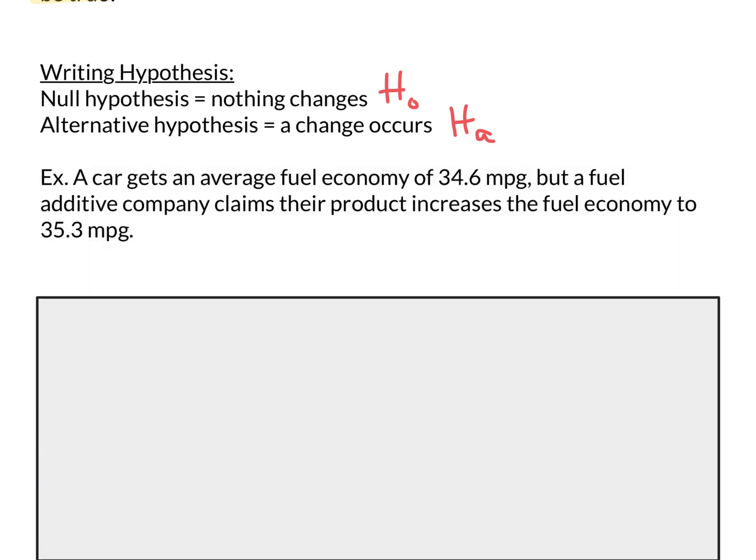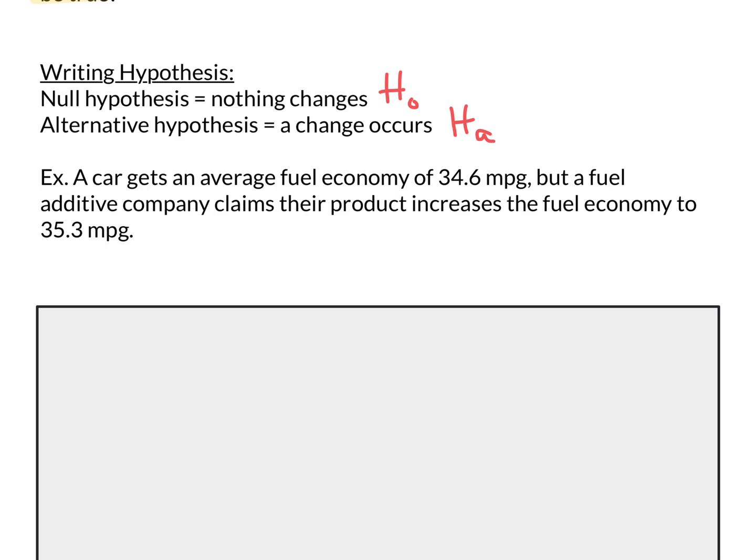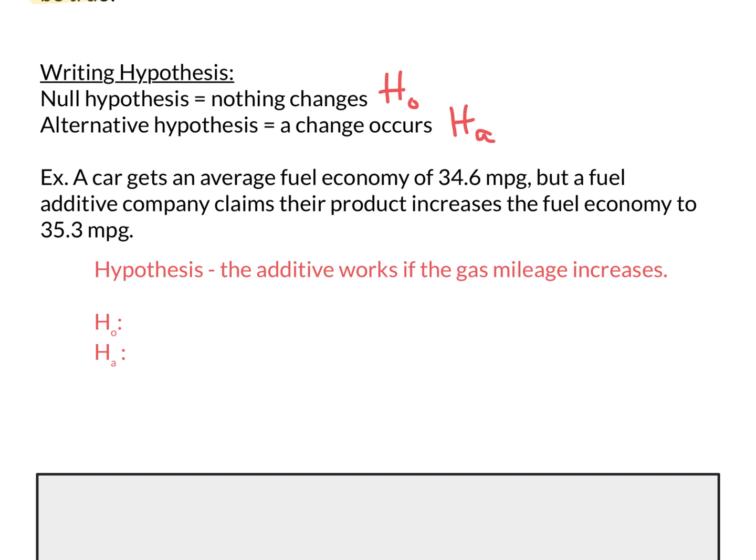Okay, so in this example, it says a car gets an average fuel economy of 34.6 miles per gallon, but a fuel additive company claims that their product will increase the fuel economy to 35.3 miles per gallon. So from this, we can write the hypothesis that the additive works if the gas mileage increases.